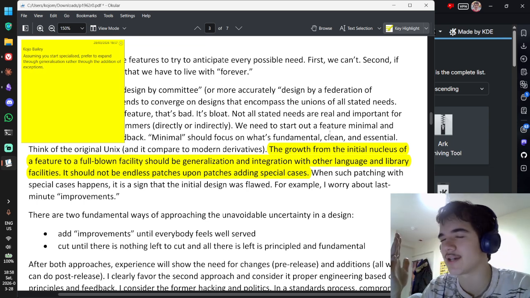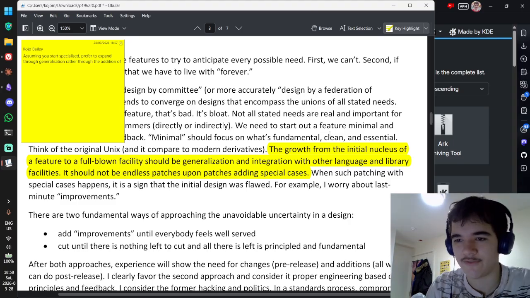I don't like saying exceptions because it sounds like the feature, the error propagating feature. So, special cases.